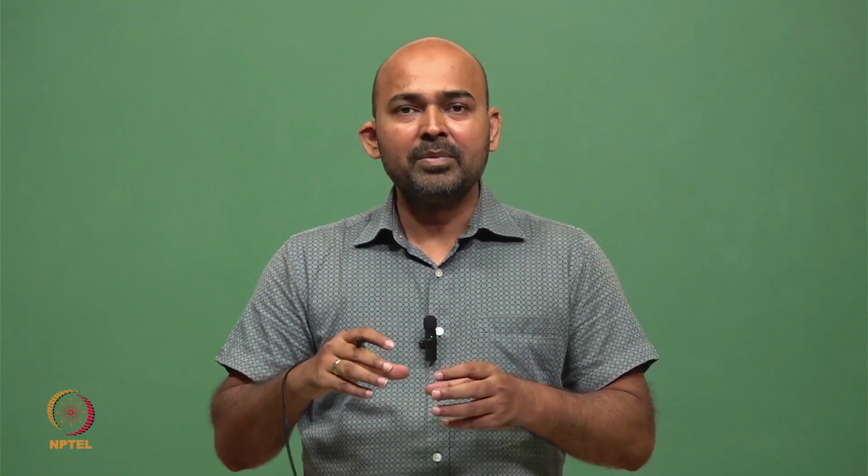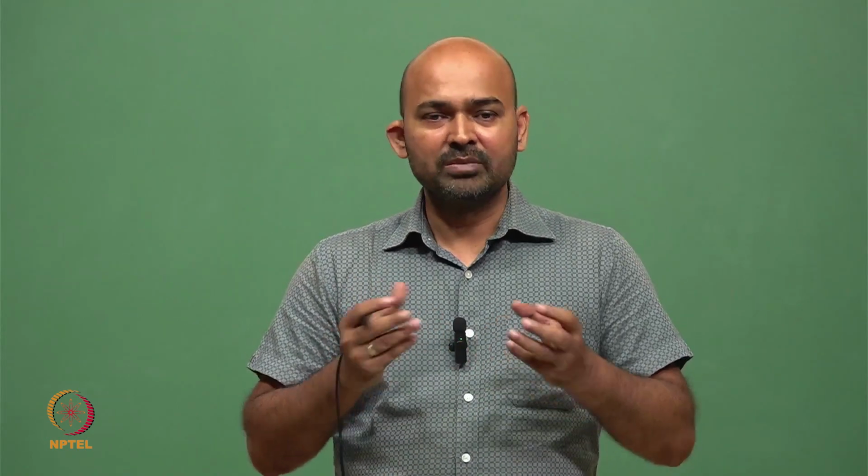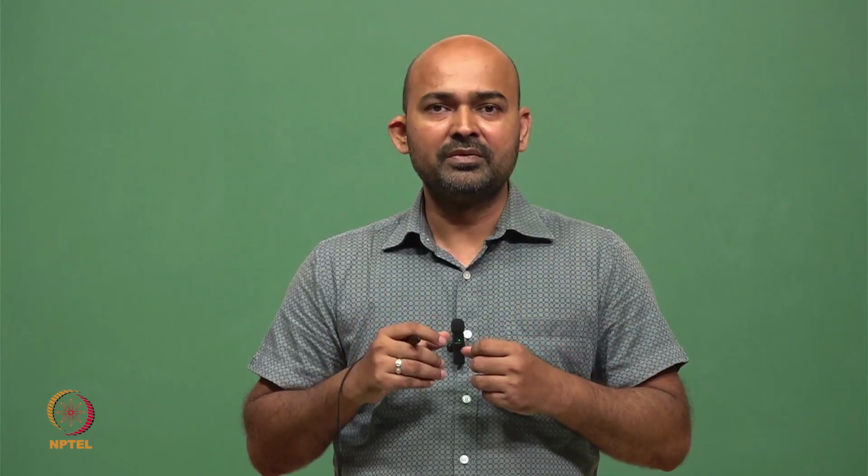So this linear amplifier is followed by a filter, or sometimes we use Schmitt triggers, because a Schmitt trigger can also be used as a filter. So this is followed by a Schmitt trigger.